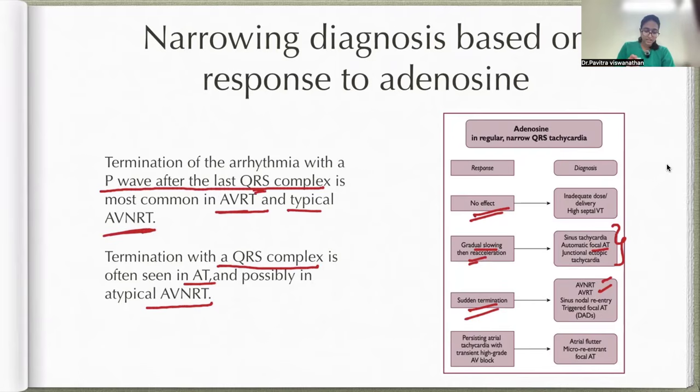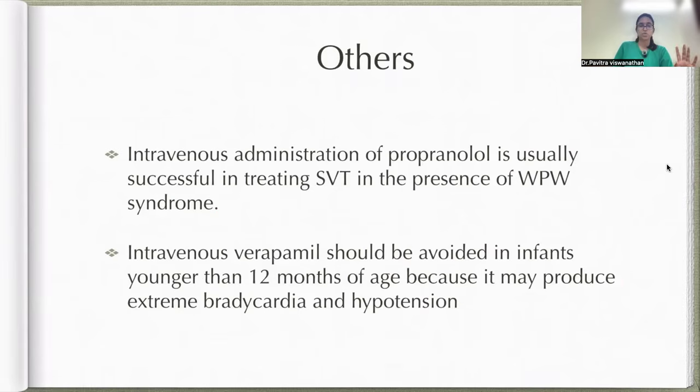If it is QRS termination, then it is atrial tachycardia or atypical AVNRT. So these are all the possibilities. If it is persistent atrial tachycardia or high grade AV block, then it is happening somewhere higher: atrial flutter or some rare types of arrhythmias, which I don't go into here. So this is how you will assess the adenosine response.